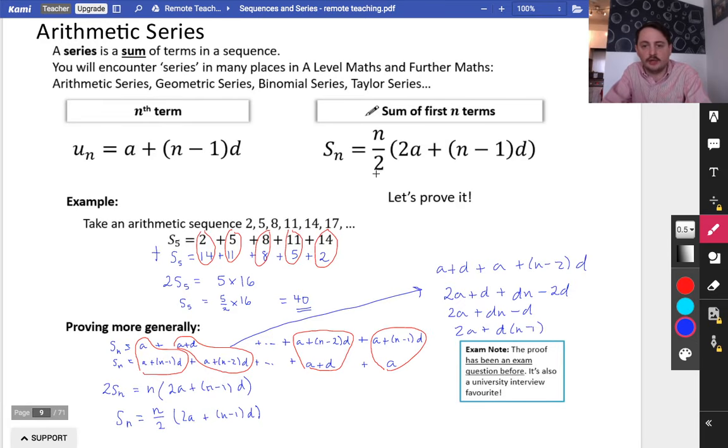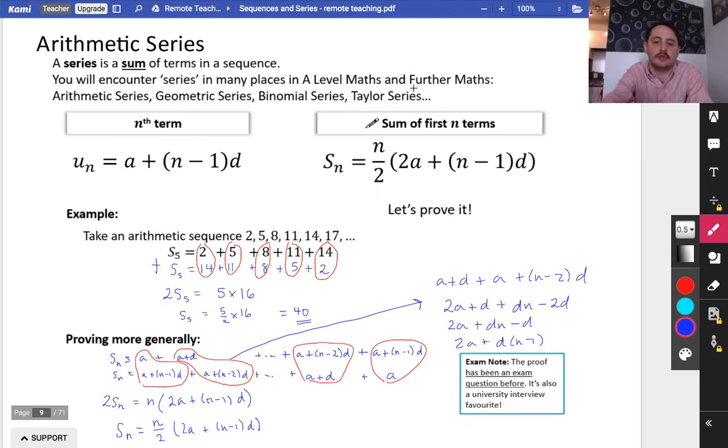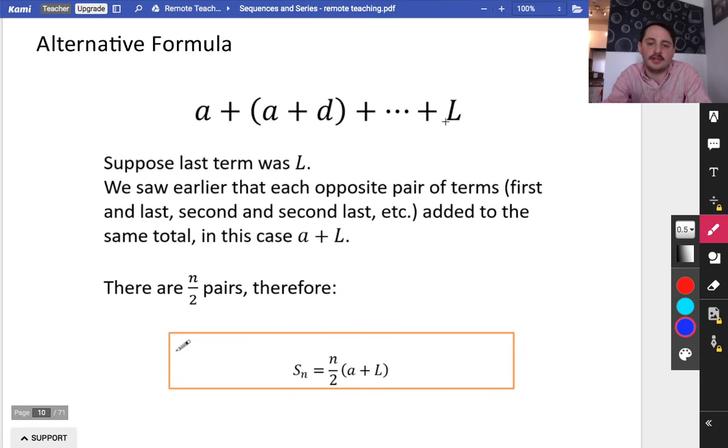Now this formula you need to know off by heart. There is one variation on this formula that we're going to talk about on this next slide as well. The alternative formula is, instead of saying that our formula was a, a plus d, a plus 2d, and so on, all the way up to a plus n minus 1d, let's suppose that the last term was capital L, as in L for the last term.